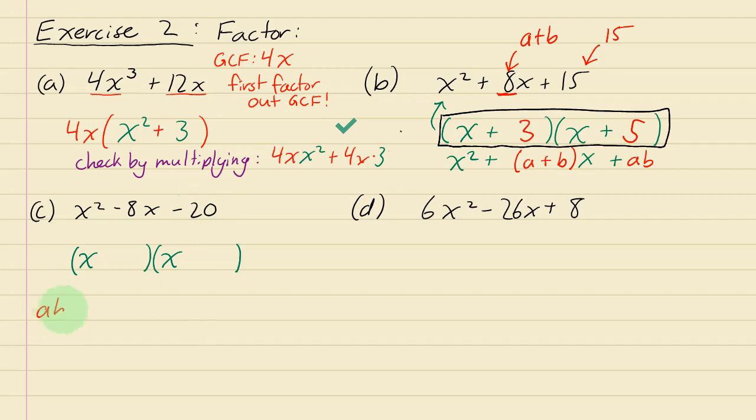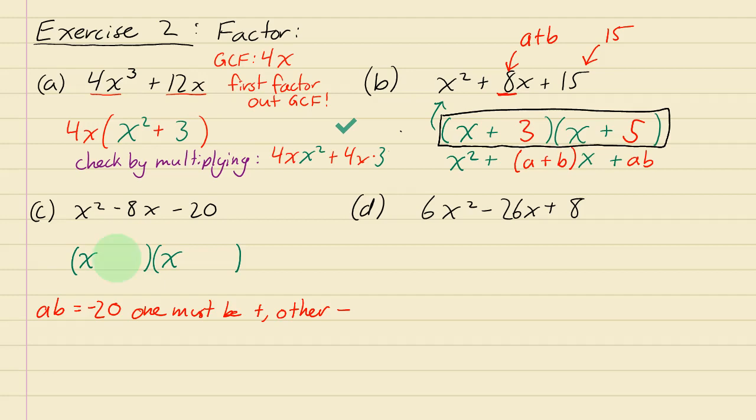So if your ab is negative 20, that means one must be positive and the other negative, because it takes a positive number times a negative number to make a negative number. And then if they add up to -8, well, we have to figure out a way to make them add up to -8. And you can try some things that might work, that might not work.